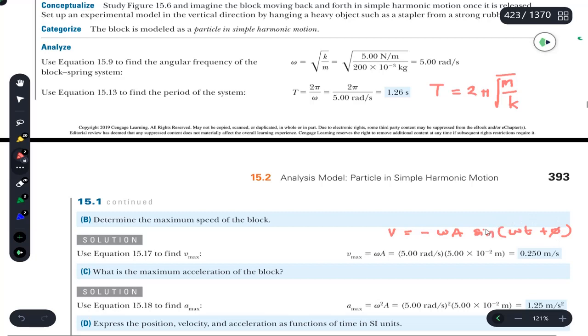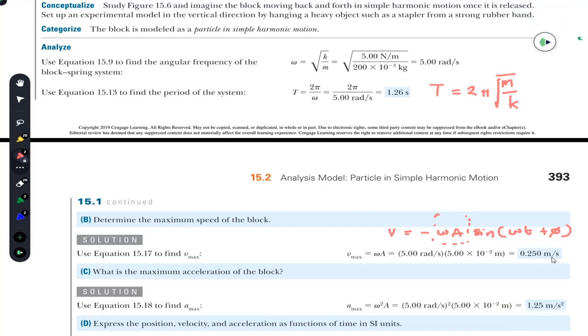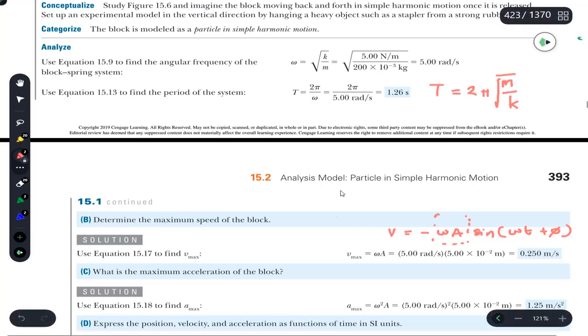Since it's the maximum value, we are only interested in omega A, and not the negative. Look at the units, still the original unit you learned in previous class: speed should be meter per second.